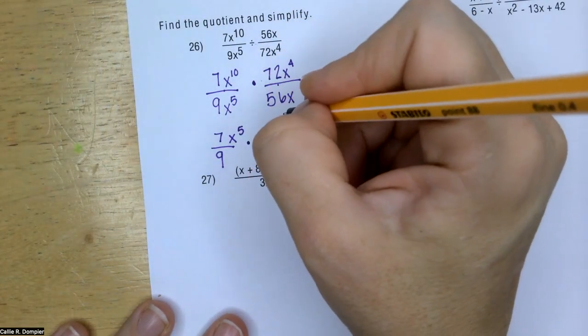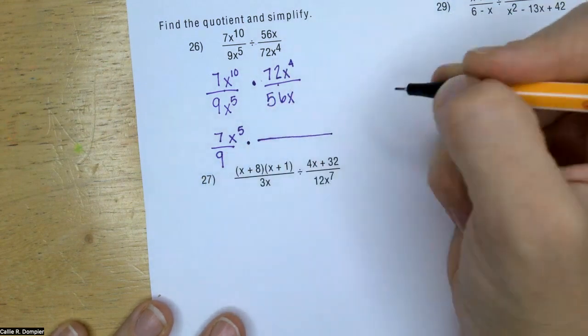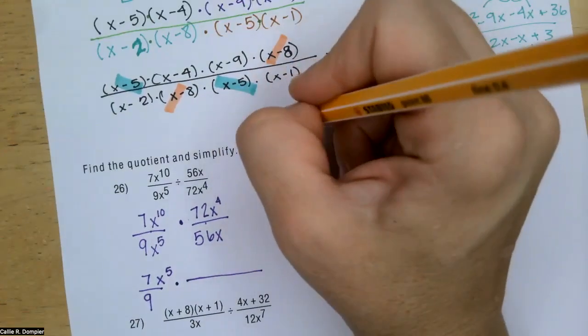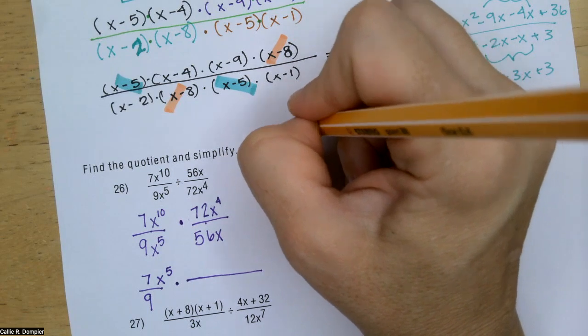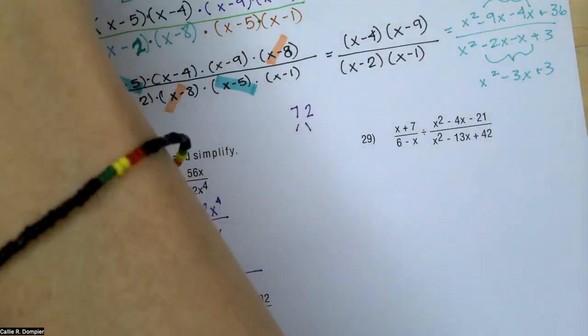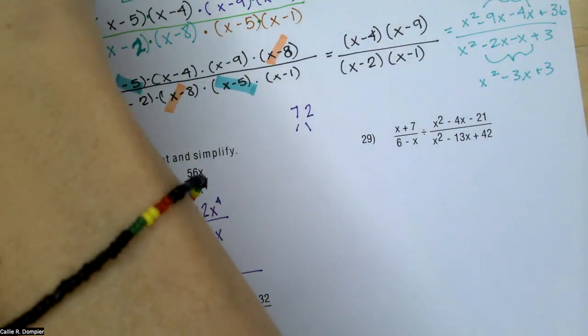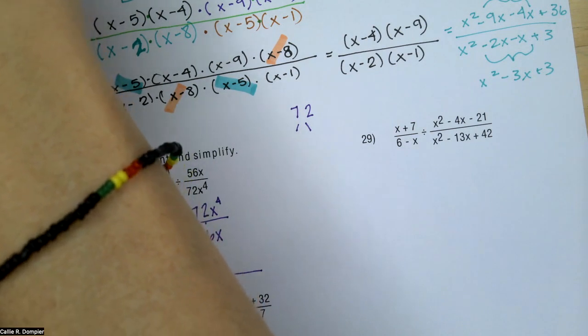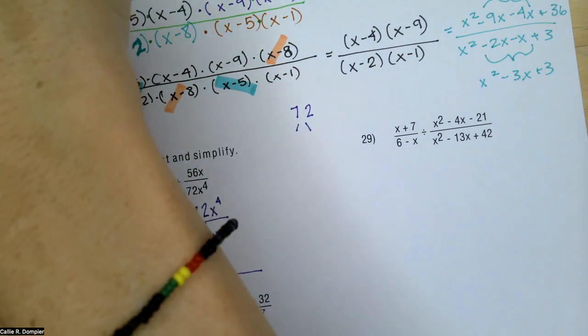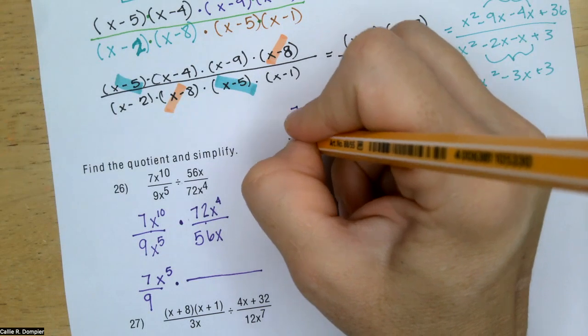72 is, I don't know, what's the factor of 72? I guess, divided by, should we divide by 8 and 9?